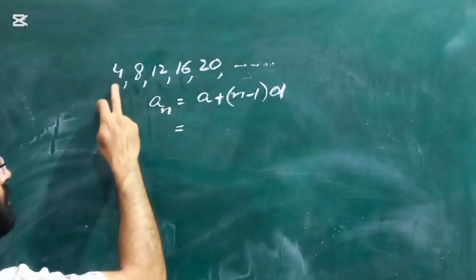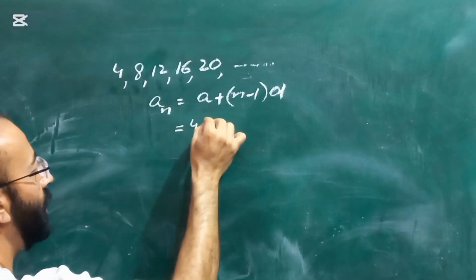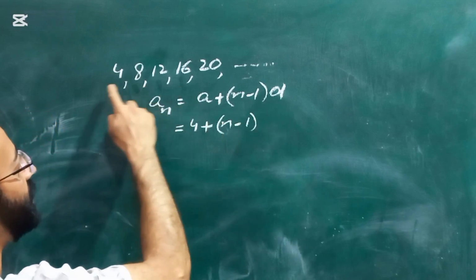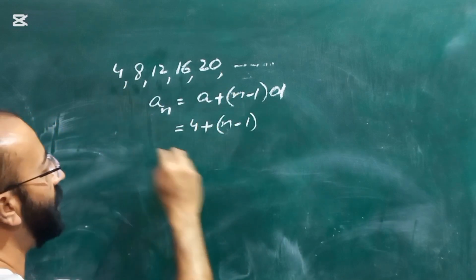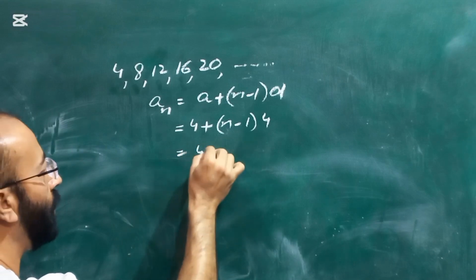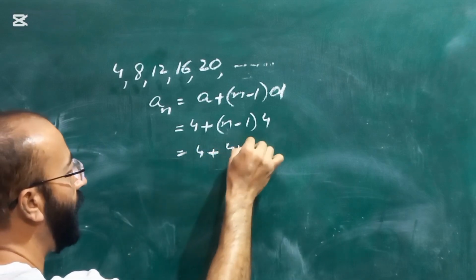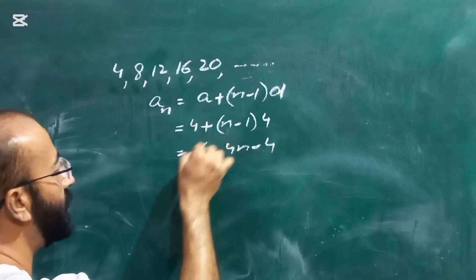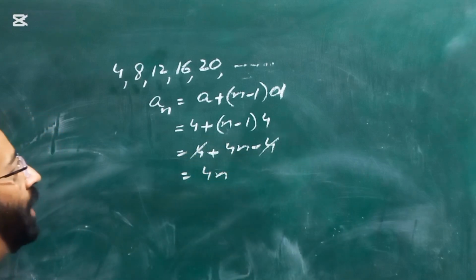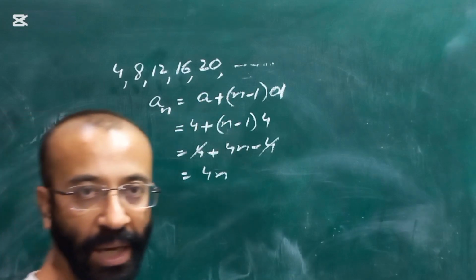A is the first term, that is 4, plus n minus 1 will remain as it is, and the difference in the number sequence is given, that is 4. So now solve it. 4 plus 4n minus 4, this 4 will be cancelled by this, so 4n is the formula for this number sequence.